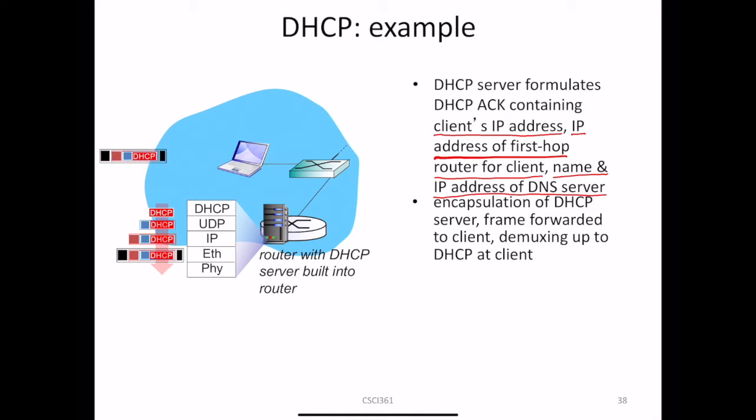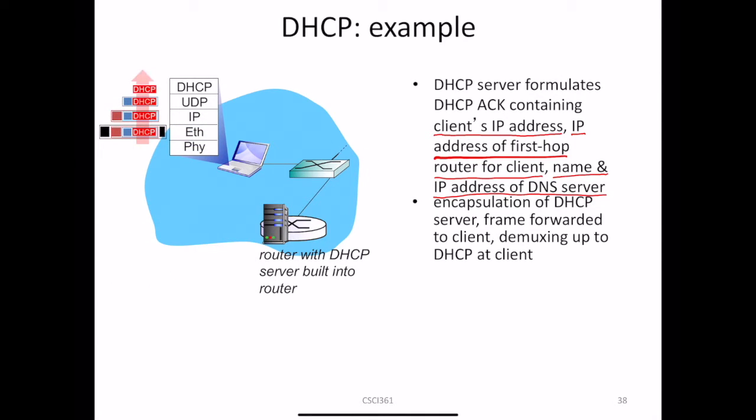Then it goes through each of the layers, all the way down to the physical layer, and sends this DHCP ACK message out to the DHCP client.